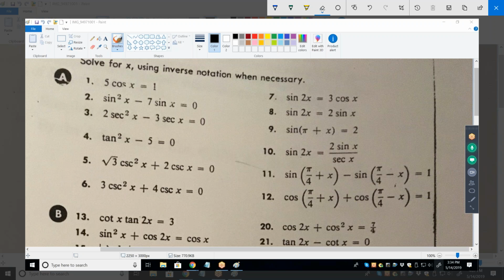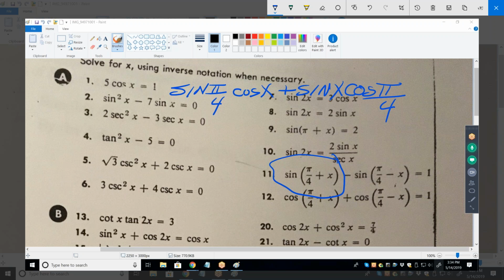So that's going to be the sine of pi over 4 times the cosine of x plus the sine of x cosine of pi over 4, minus, and I'm just going to put this in parentheses, the sine of pi over 4 cosine of x minus the sine of x cosine of pi over 4.